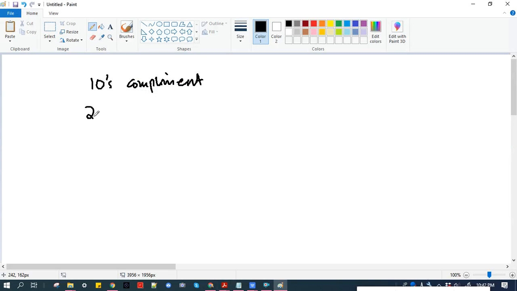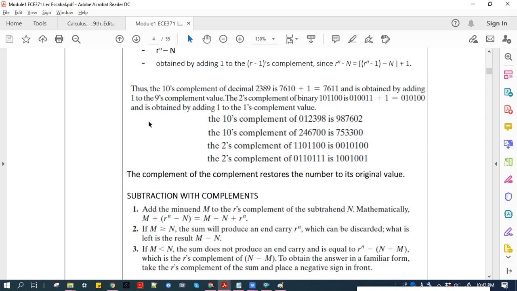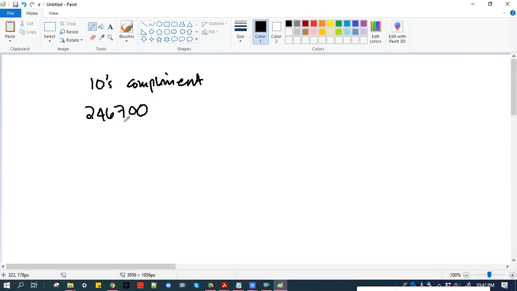Let's try to solve the 10's complement of this decimal number 246,700.